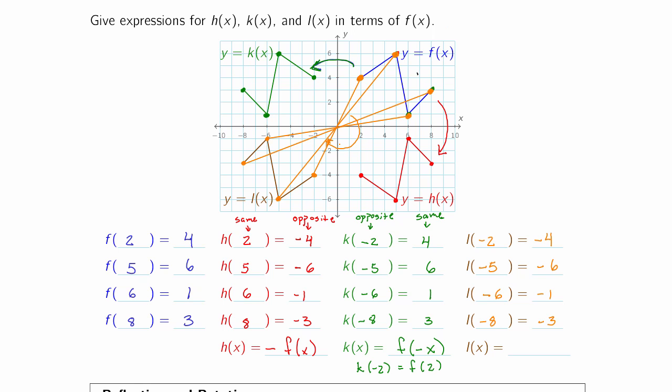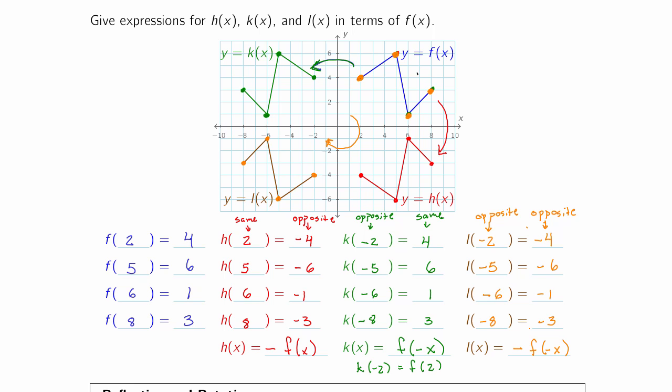So that's what's going on with that 180-degree rotation. So what we see here is that the output is the opposite, and the input, well, that's also the opposite. So we have to undo taking the opposite. Well, that's taking the opposite again. Then we do F, and then we reverse the sign on that.